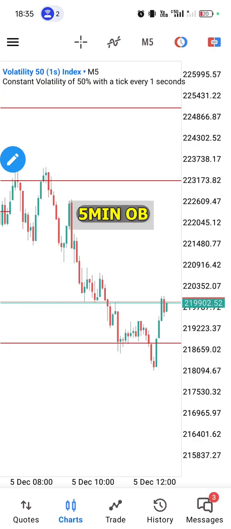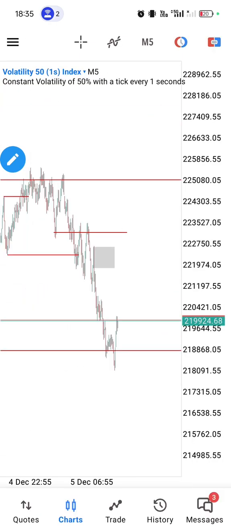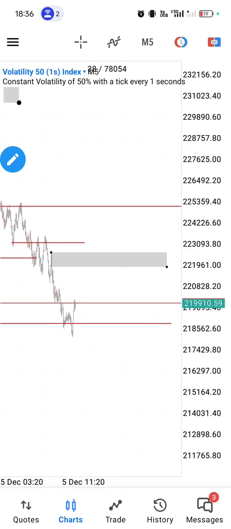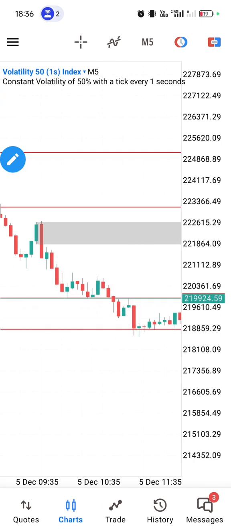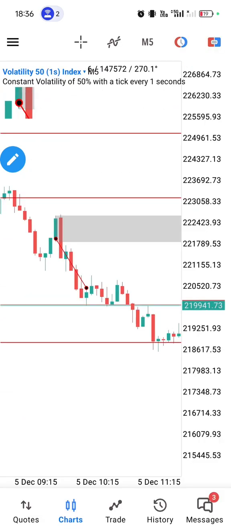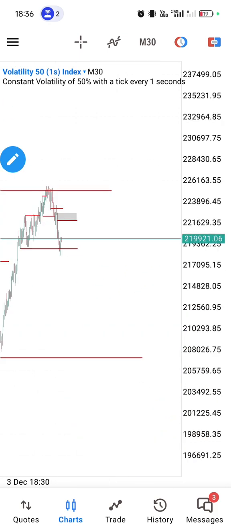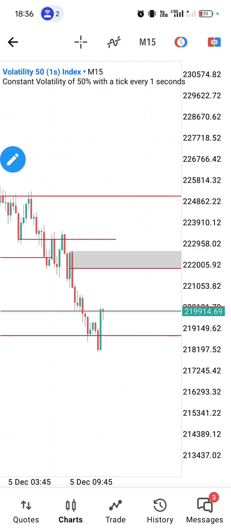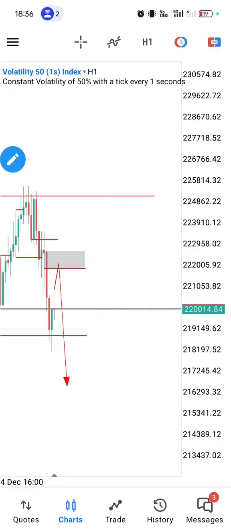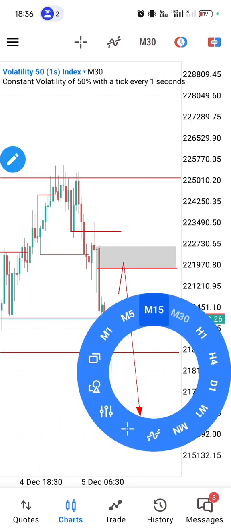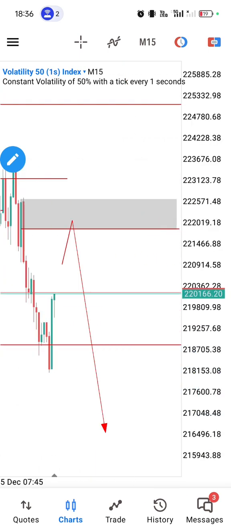And that's on the 5-minute order block. So let me just stretch out my 5-minute order block, and you can nicely tell that is sort of an OTE, an optimal trade entry right there on the 5-minute order block, where we can sell it, and then we can milk it till we reach down to the imbalance of the sell side liquidity below the low.